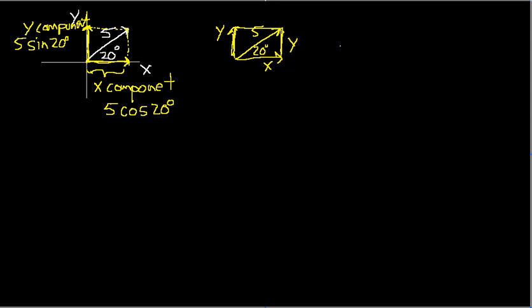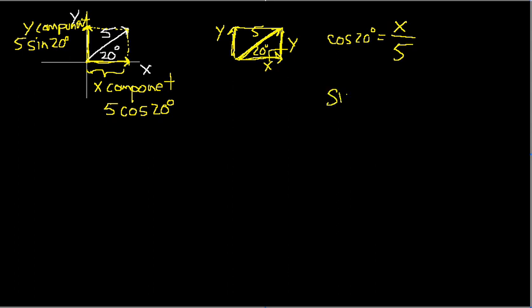And we know that the cosine of this angle, 20 degrees, is going to be the adjacent, which is x, over the hypotenuse. Well, here's my right triangle right here. That's the hypotenuse. These are the two legs. This is a right angle right there. So the adjacent side is x over the hypotenuse, which is 5.